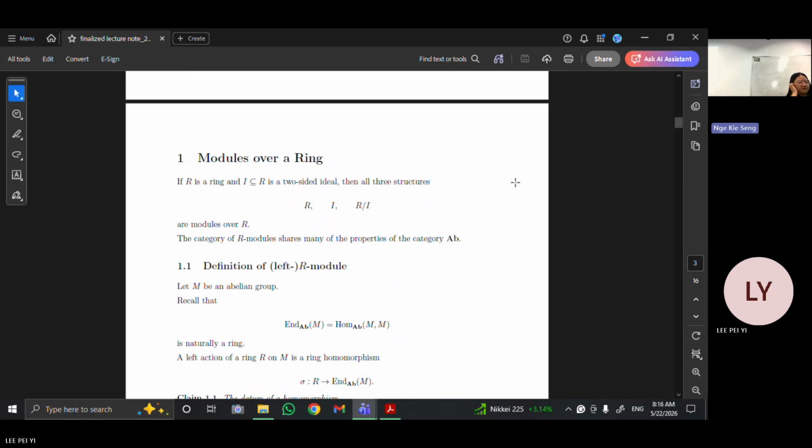For example, a vector space is a module over a field, an abelian group is a module over the integers, and a ring is a module over the ring itself.